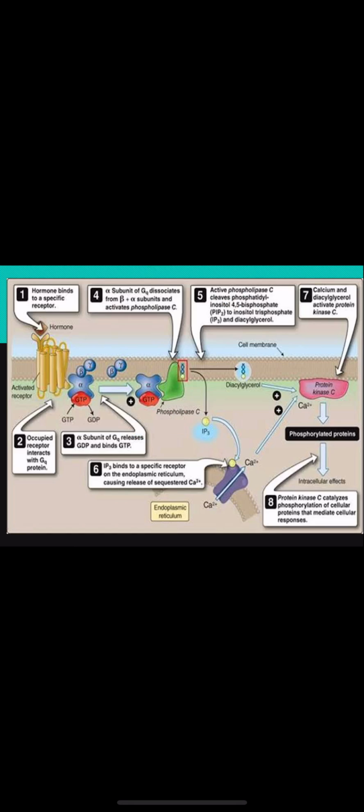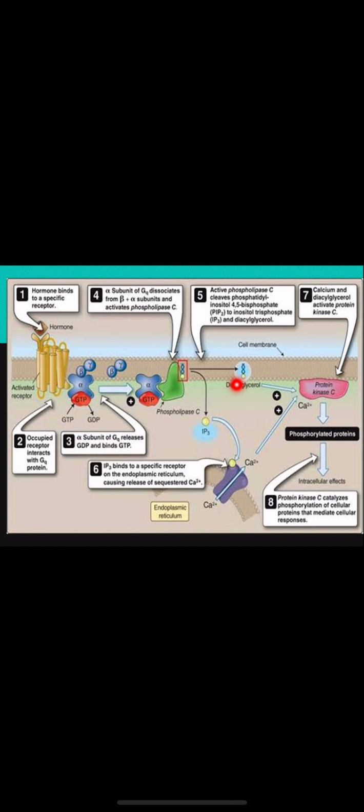Alpha subunit is gonna get detached, and alpha subunit is gonna go and get attached to the enzyme phospholipase C. Okay, now when this phospholipase C is activated, it cleaves the phosphatidyl inositol 4,5 bisphosphate, that is the PIP2, which is present in the membrane. The PIP2 is cleaved to IP3 and DAG, diacylglycerol.